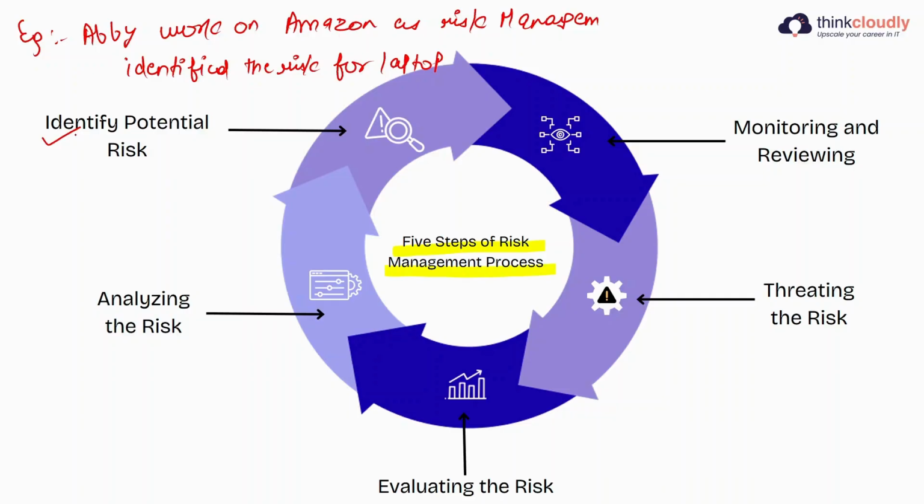The first step is to identify the risk. She will have to brainstorm and think what all possible risks could be there. One thing you have to remember when working in a risk management profile: our primary focus is on information security, meaning data security.